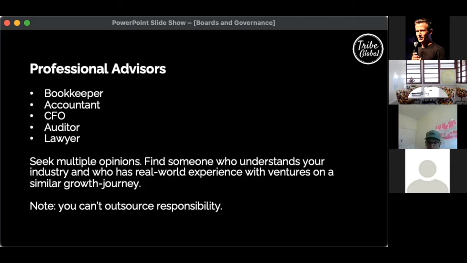Because an accountant who deals in typically small businesses, for example, like a corner fish and chip shop or a real estate agency, typically won't understand the nuances of a term sheet from an investor. And that can slow things down. It also means you won't get the best advice.